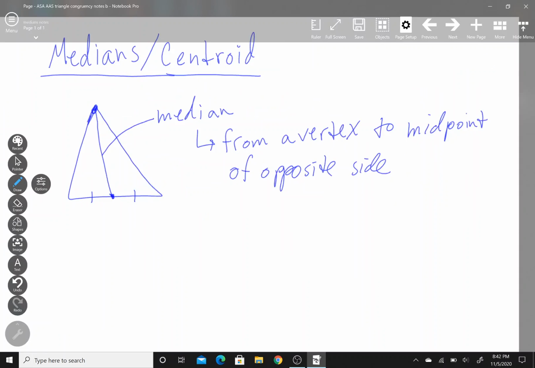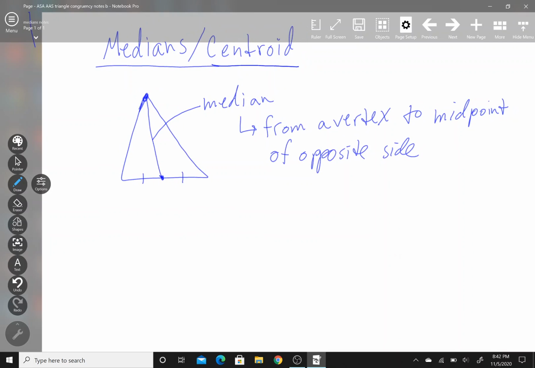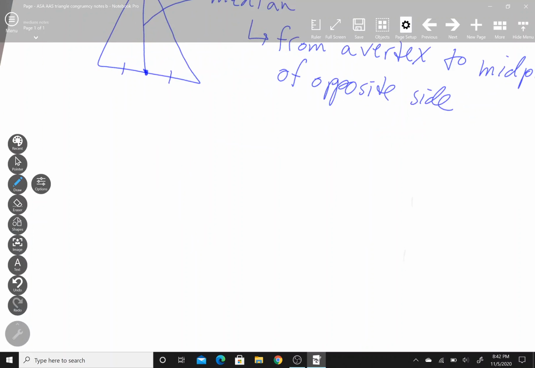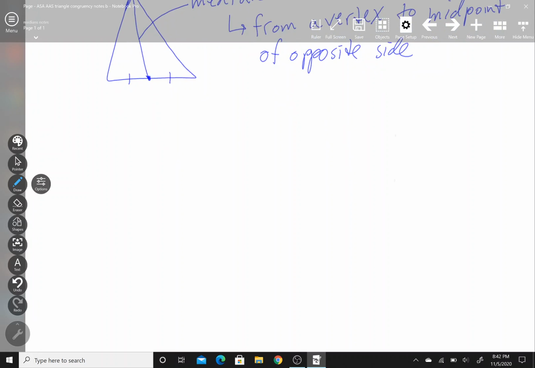All right, next thing we'll do an example with the fact that it just bisects that side there. So let's say here we've got a triangle. Scoot the page up here a little bit.